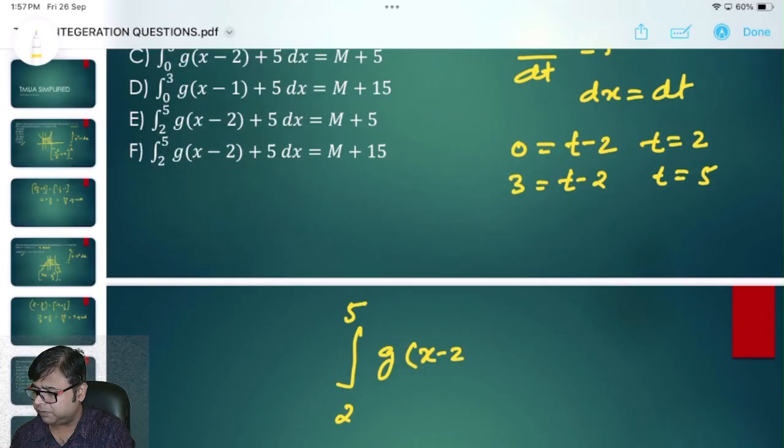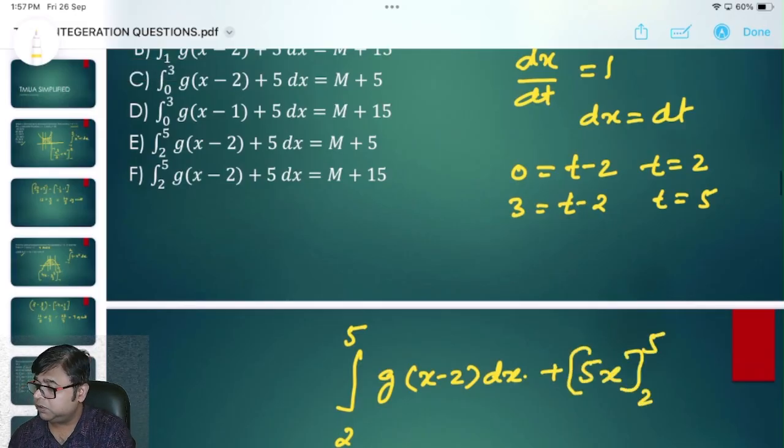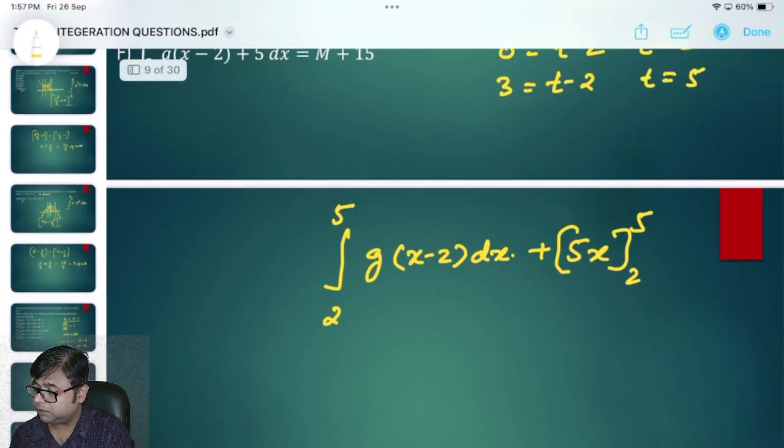Then I can again replace it with x because change of variable doesn't make any difference, plus 5x. This is the integration from 2 to 5. So this will finally give me m plus 25 minus 10, which is 15.